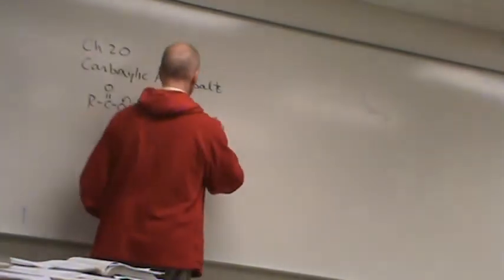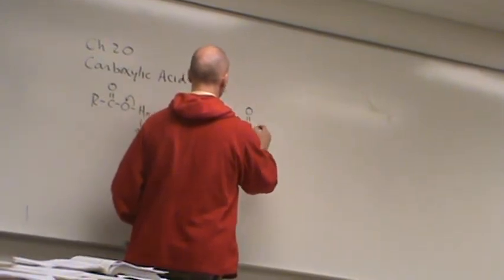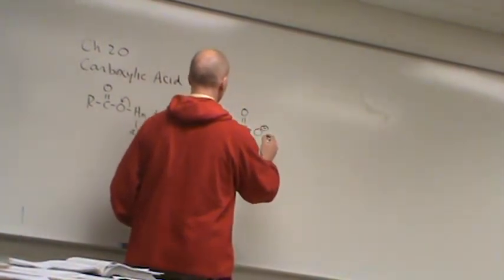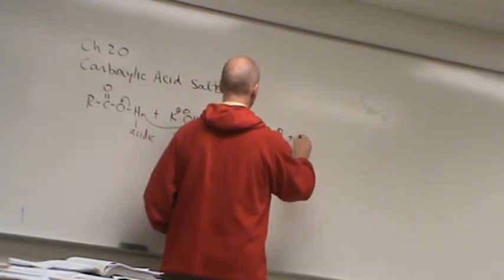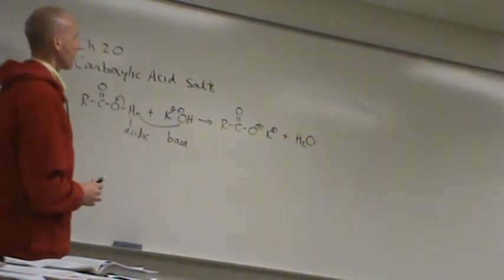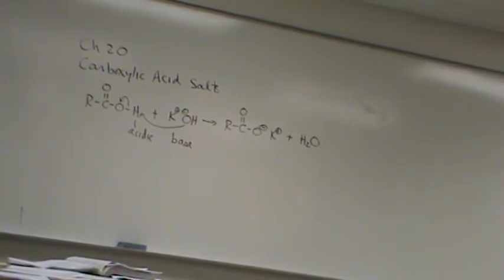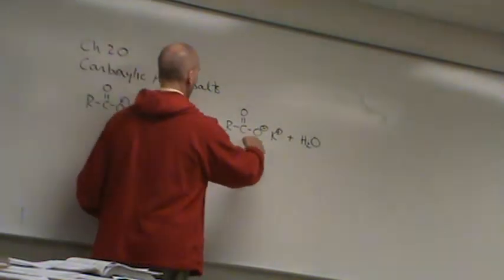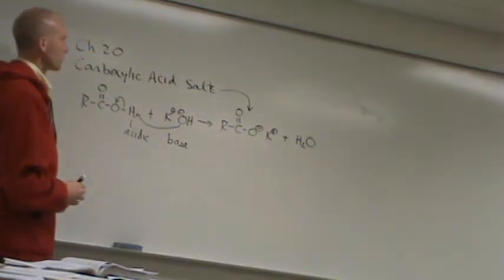So if I take that acidic hydrogen, then we get this set up here. Okay, and this thing here is our carboxylic acid salt.